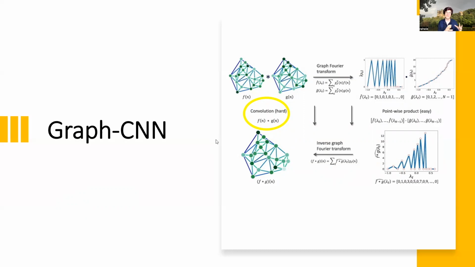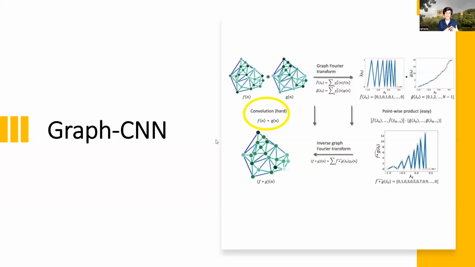So we can easily change our graph into its Fourier transform, do the pointwise product, and then come back with the inverse graph Fourier transform. And this is the process of convolution. It seems a bit complicated, but it's not that bad. So finally, I have a kind of graph CNN.